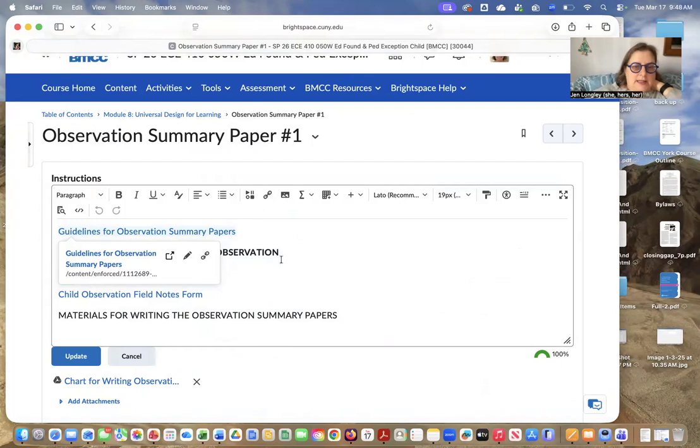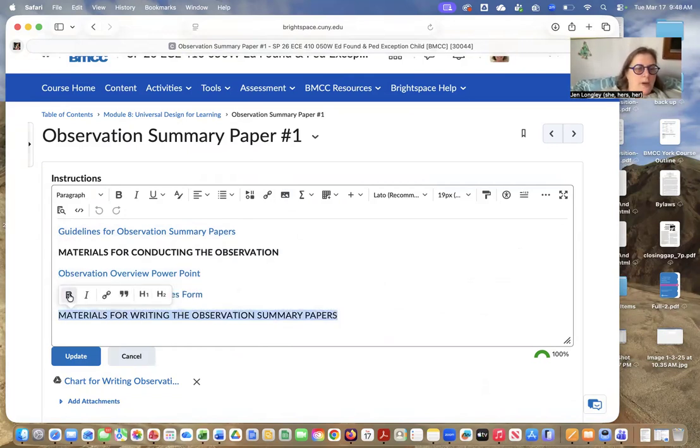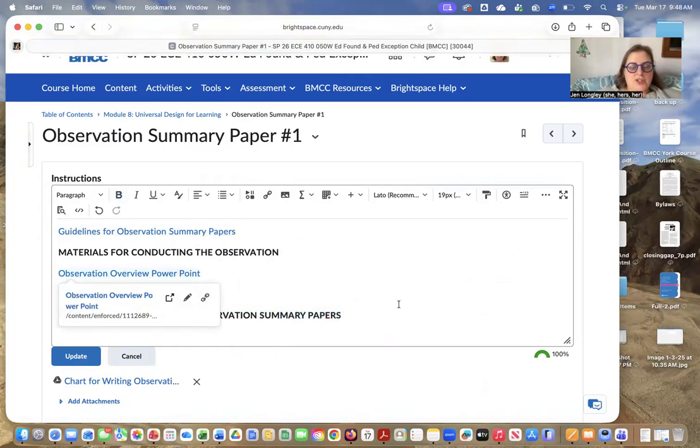Then you'll see there are materials that can help you, and actually, let me make this bold too. Help you conducting an observation. I know you have completed ECE 308 and 311, so you've taken observation courses, you've done observations for ECE 110.